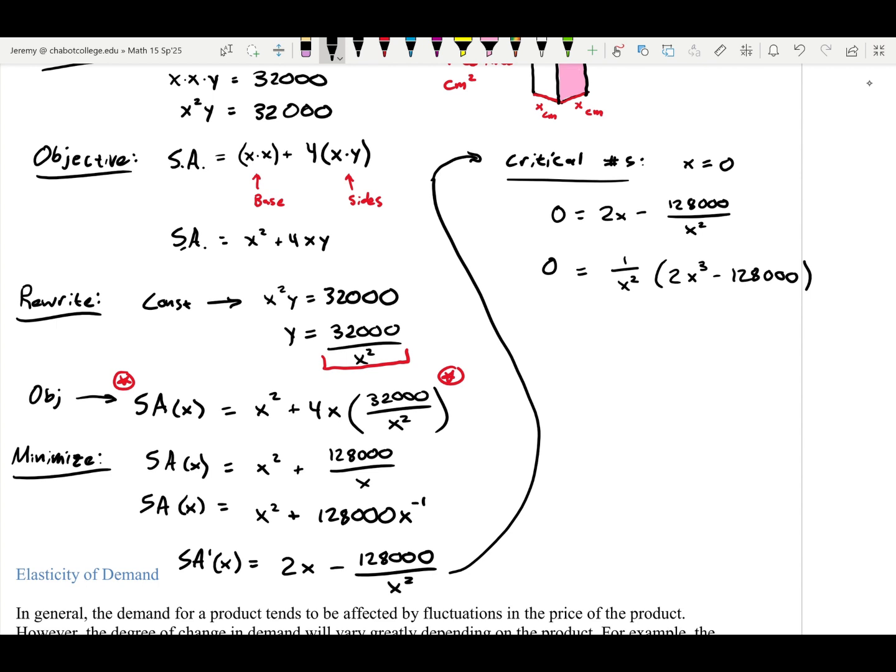I guess I could bring out a 2 as well. And then I'll just have x cubed minus 64,000. And you can set each of those factors equal to 0.